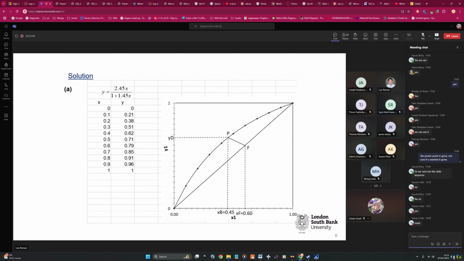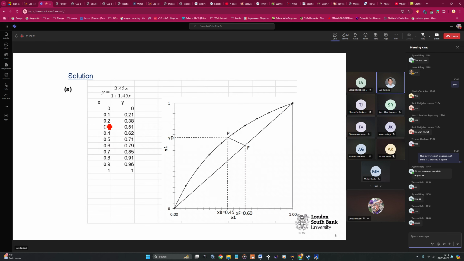So again, we start by calculating different values of y, vapor phase composition, for some given values of x, the liquid phase composition. So the range is 0 to 1, but you can use any number of data points between 0 to 1.